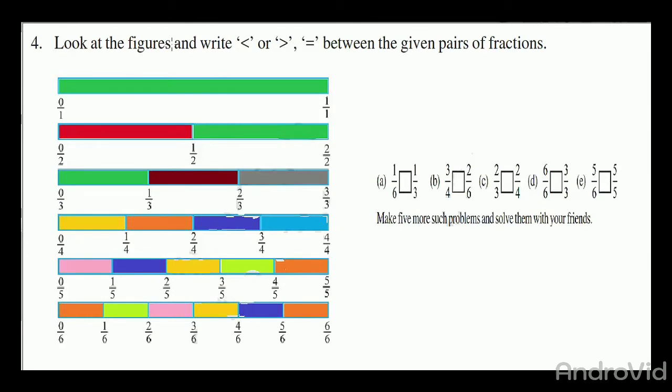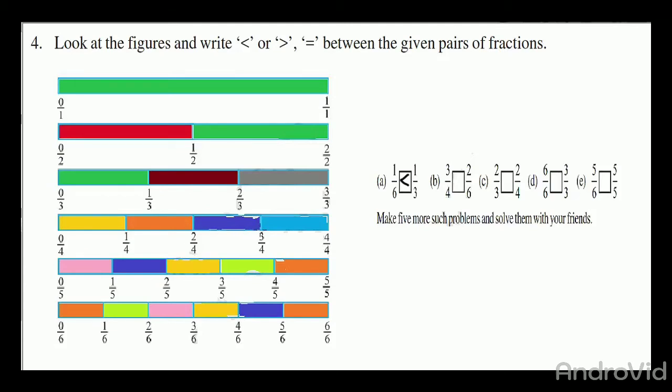Now based upon this number line, look at the figure and write these signs between the given fractions using this picture. 1/6 or 1/3. As you can see, 1/6 is lesser than 1/3 in the picture. Similarly, 3/4, it is here, and 2/6. You have to find 2/6.